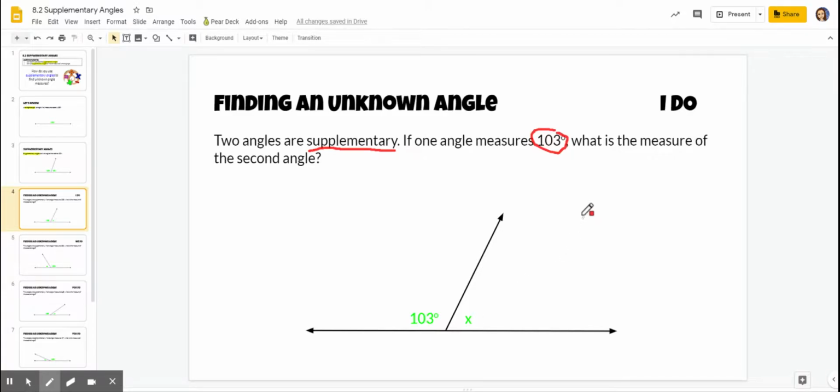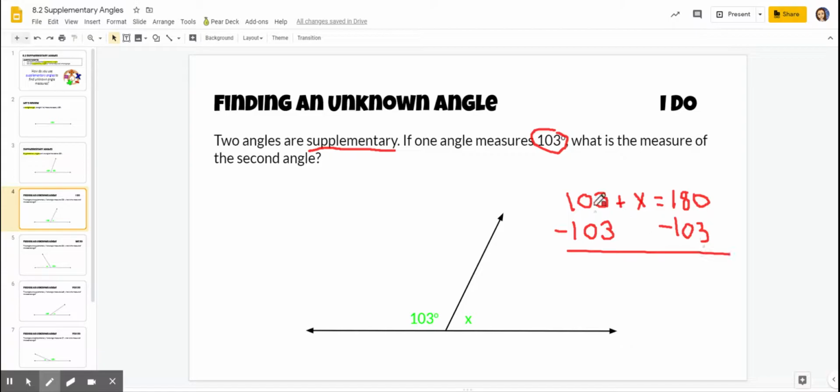So I'm going to write an equation here with my two angles. I have this angle that's 103 degrees plus this angle that measures x, and I know that together they add up to 180 degrees. I know that because they're supplementary. So here I just have a quick one-step equation. I want to get x alone, so I'm going to subtract 103 from both sides because I have to do the inverse.